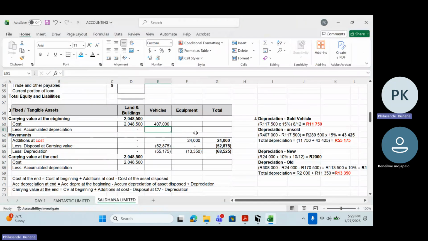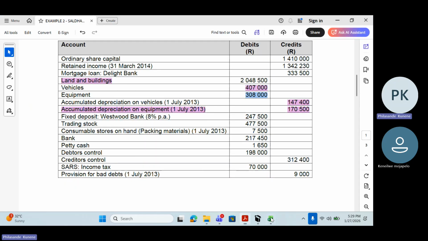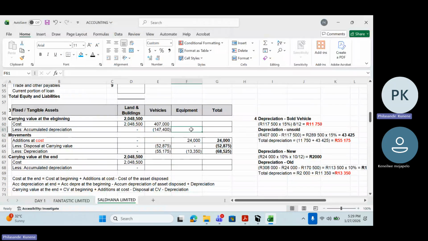So we can record both of them here. 147,400. This is for vehicles. And then for equipment, 170,500. So now for total accumulated depreciation, I can get the total, which is 317,900 rands if I'm adding all these three.